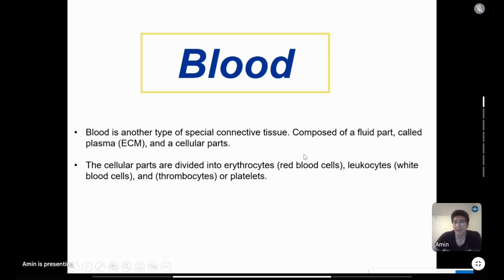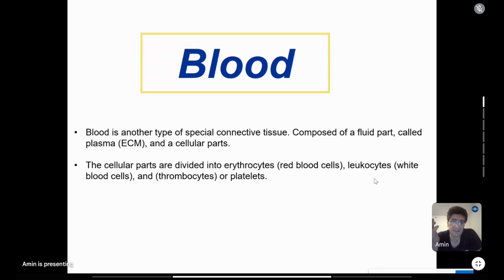We can see here that blood tissue is composed of a fluid part called plasma, or extracellular matrix, and a cellular part. The cellular part is divided into erythrocyte or red blood cell, leukocyte or white blood cell, and thrombocyte or platelet.